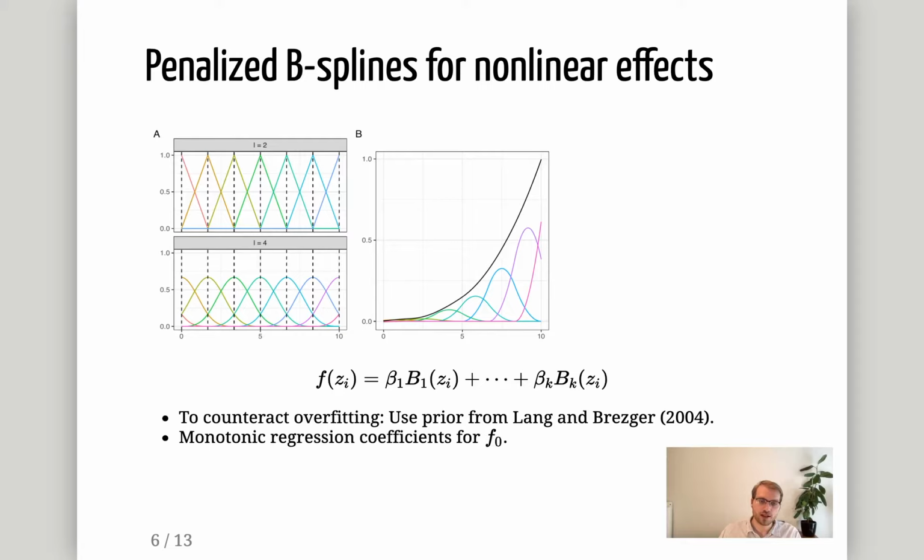And for F0, the log-cumulative baseline hazard, we have to get a monotonic function estimate. And a nice feature of P-splines is that this can be easily achieved by simply restricting the coefficient vector associated with the cumulative baseline hazard to also be monotonic.